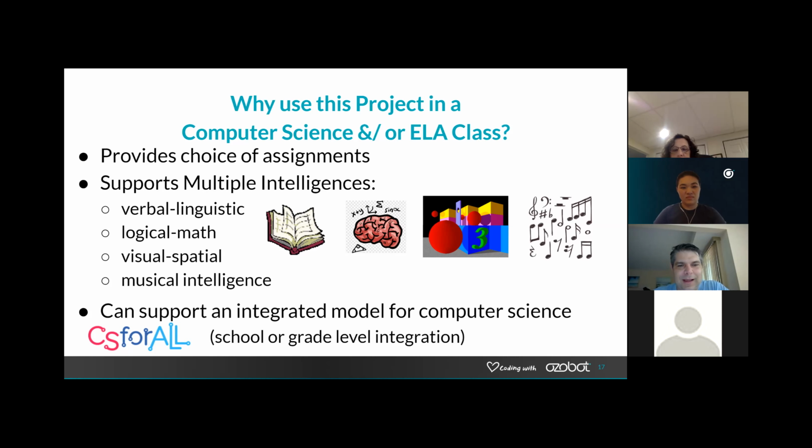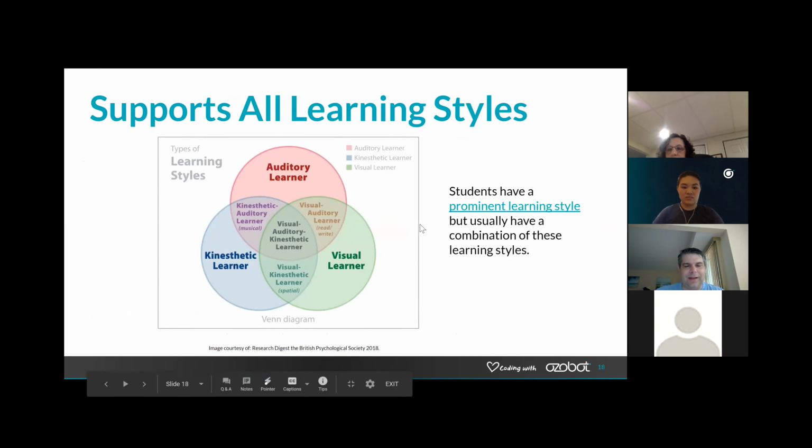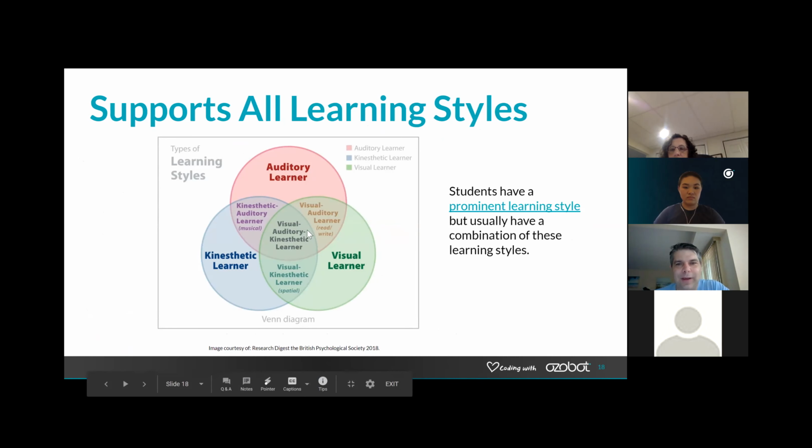It can support an integrated model of computer science, school or grade level integration. It definitely supports all learning styles, from kinesthetic to visual to auditory. It really incorporates everything, so it doesn't matter what they are, they have a chance to showcase that in this project.